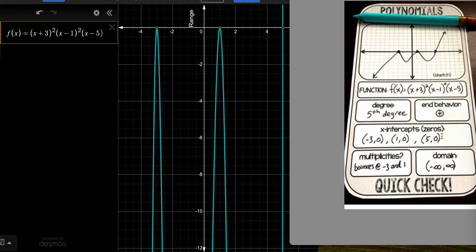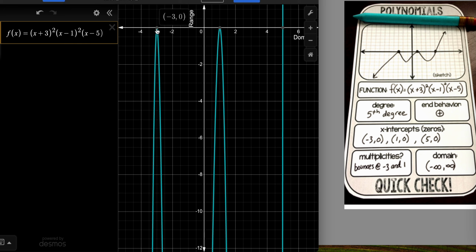Then what are your x-intercepts? X-intercepts are nothing but, in other words, zeros. It's the point where your y value or the function f of x becomes 0. So if you look here at negative 3 comma 0, the function is becoming 0.